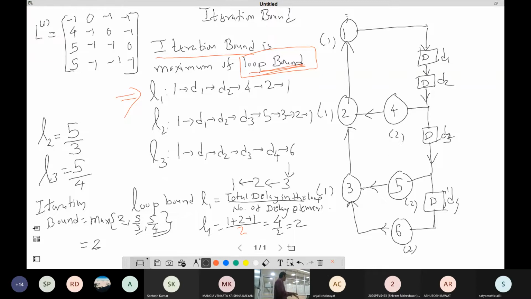So there may be a loop that you have not observed that actually contributes towards the iteration bound, and then you will come up with the wrong iteration bound. That's why we want to see another method which is algorithm based, and that is LPM.